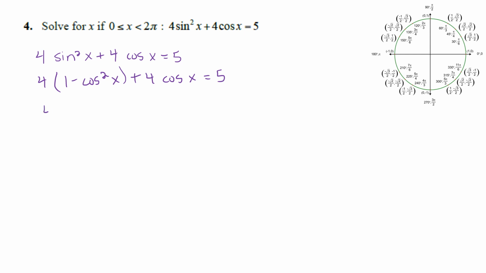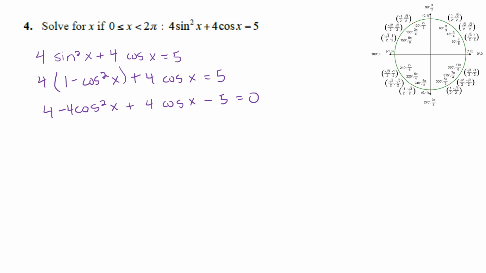Now let's distribute the 4 to every term inside our parentheses. In addition to that, let's move the 5 to the left-hand side and set it equal to 0. I am going to do that right off the bat because I know I'll be working with a quadratic here because I have cosine squared x.